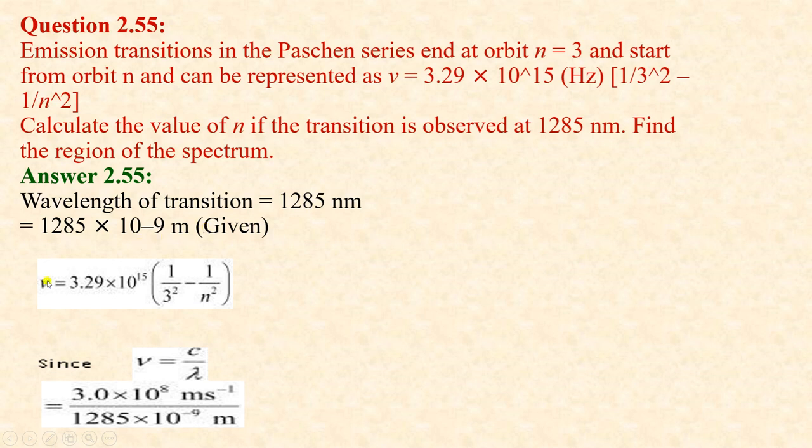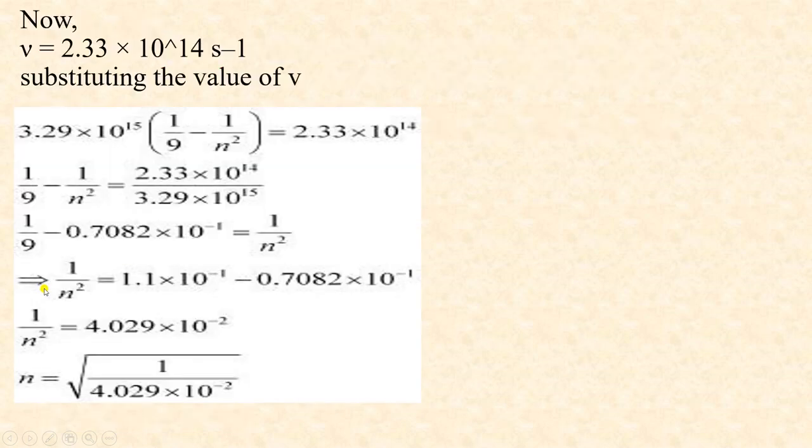The formula is nu is equal to 3.29 into 10 to the power 15 into 1 by 3 square minus 1 by n square. Now nu is equal to c by lambda. Here c is known and lambda is given in the question, so put the values and find the value of frequency. After this, put the value of frequency here.